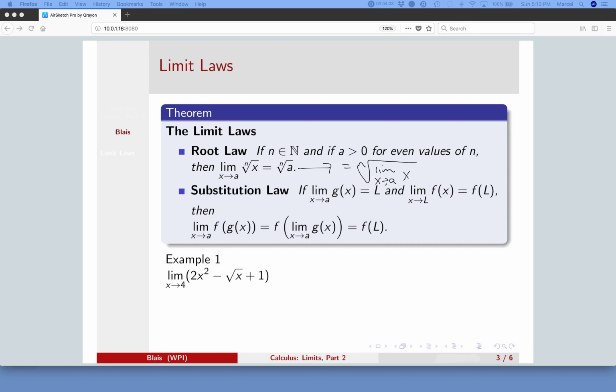As x goes to a, this g of x is going to L, and so the whole thing is going to f of L. Another way to think of that is we are bringing this limit inside of f.